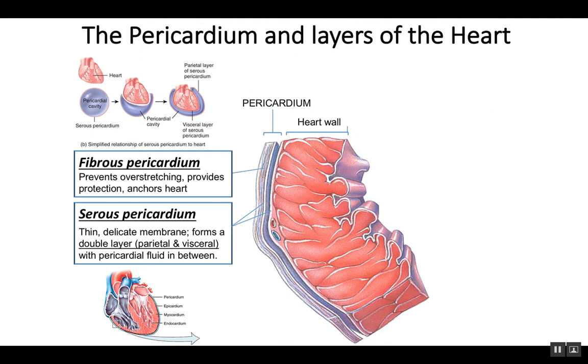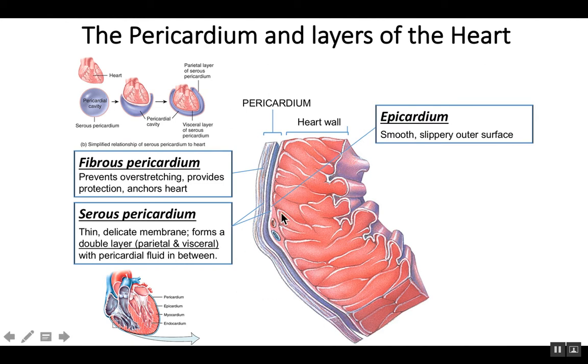And I'll remind you what visceral means. Visceral means an internal organ. The internal organ is the heart. So this visceral layer of the serous pericardium is physically attached to the heart. In fact, it's quite often thought of as the outer layer of the heart.